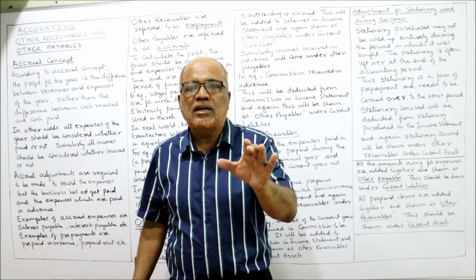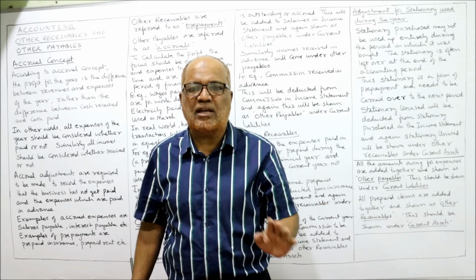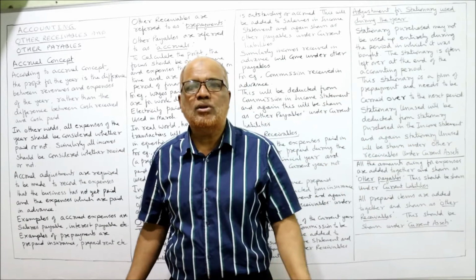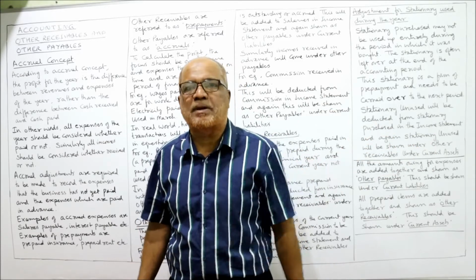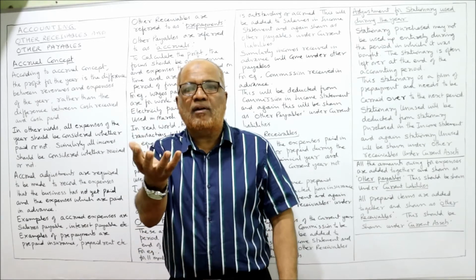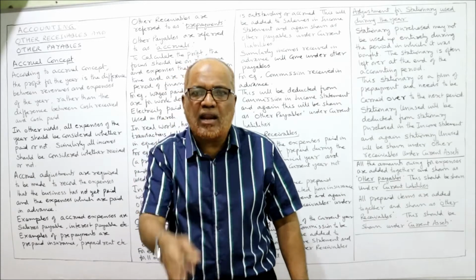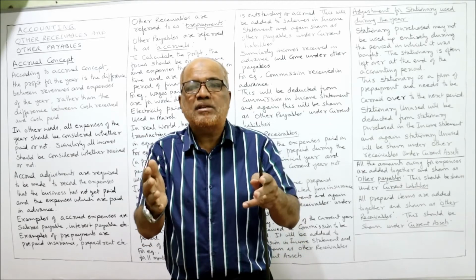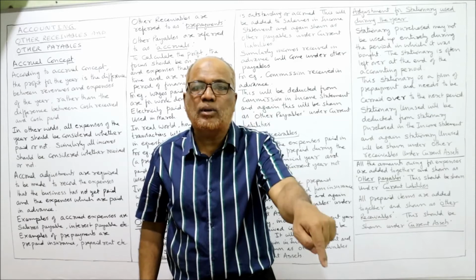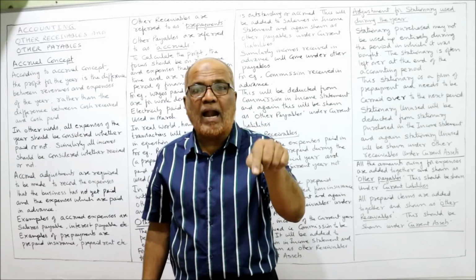So you should not think that whatever we received is the revenue and whatever we paid is the expenses. No. We have to find out what are the revenue and what are the expenses of the current year, because there may be some revenue, there may be some expenses which are not related to the current year, that we have to adjust.